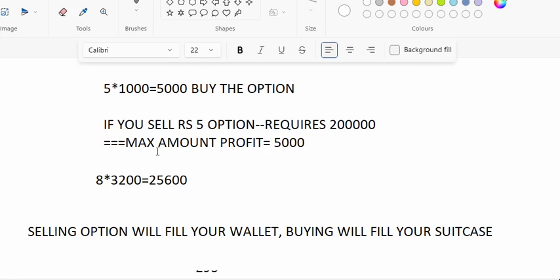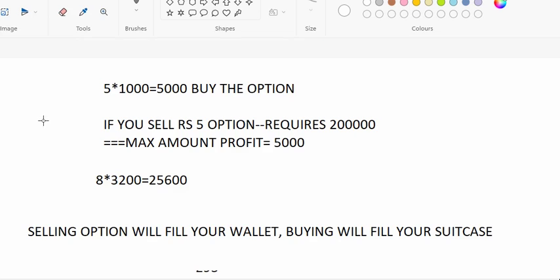So selling options will give you a nice return, but you need to have capital, and you sell the option at the start of the month. Say on the first of July, the July, August, and September options, the September month's option will be open for trading.